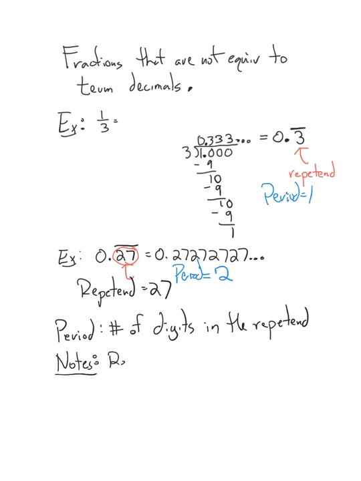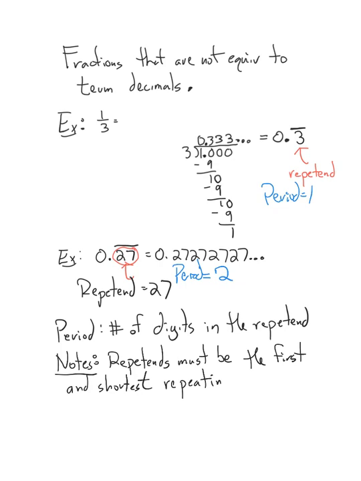Now a couple of notes about repetend before we talk a little more. With repetends, they must be the first and shortest repeating pattern. So you want to minimize the period and you want to make it come as early as possible.